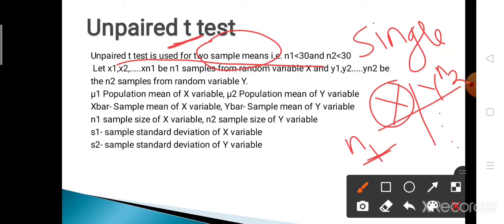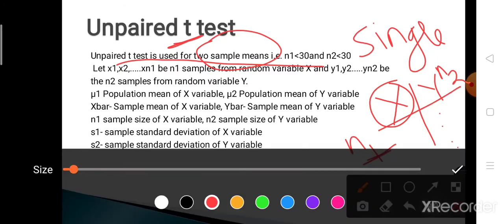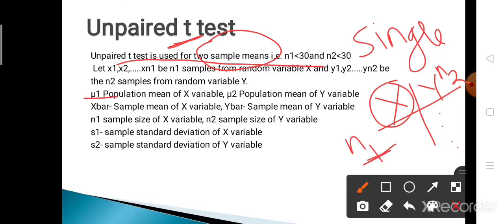Now the notations are mu1. Mu1 is the population mean for the x variable and mu2 is the population mean for the y variable. X bar is the sample mean for the x variable and y bar is the sample mean of the y variable. N1 is the sample size of the x variable and n2 is the sample size for the y variable.